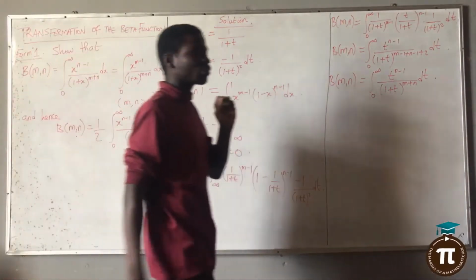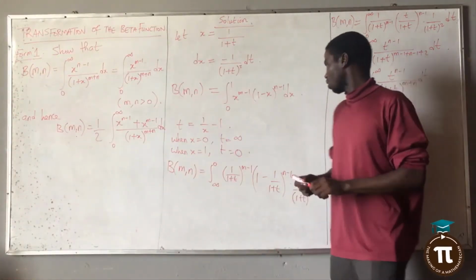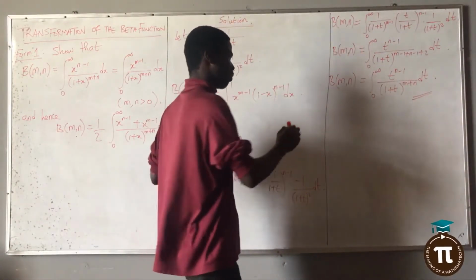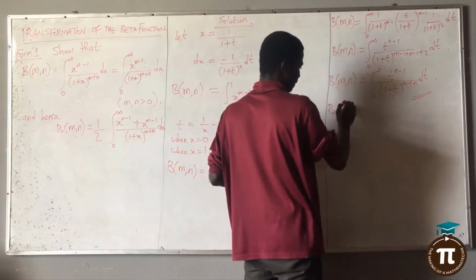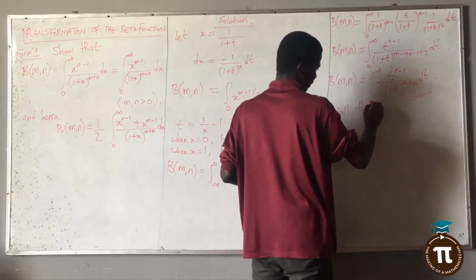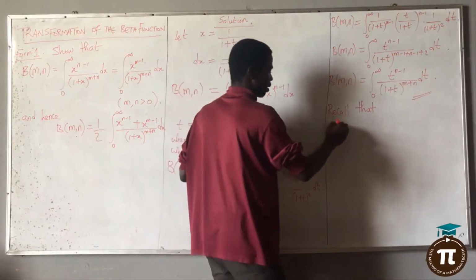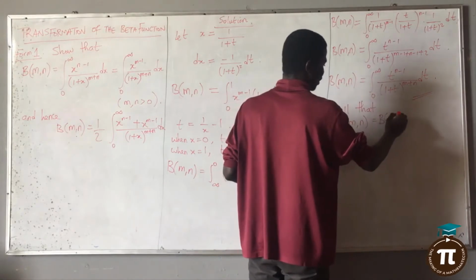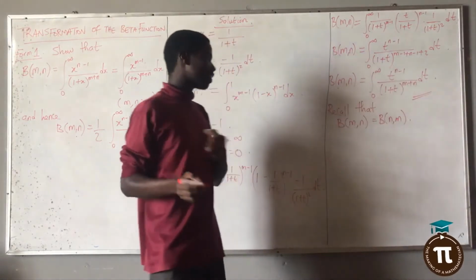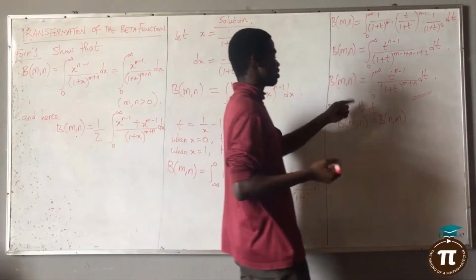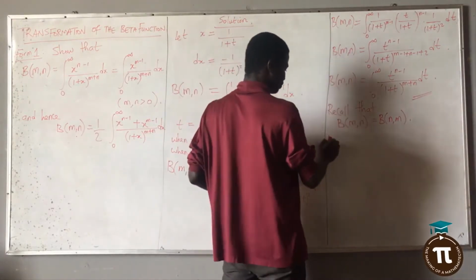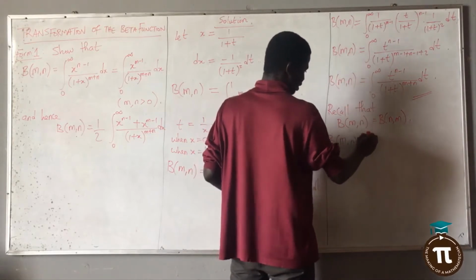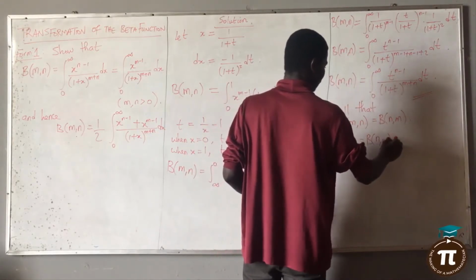Don't forget, from the symmetric property of the beta function. We want to prove this. From the symmetric property of the beta function, recall that beta of m comma n is equal to beta of n comma m.